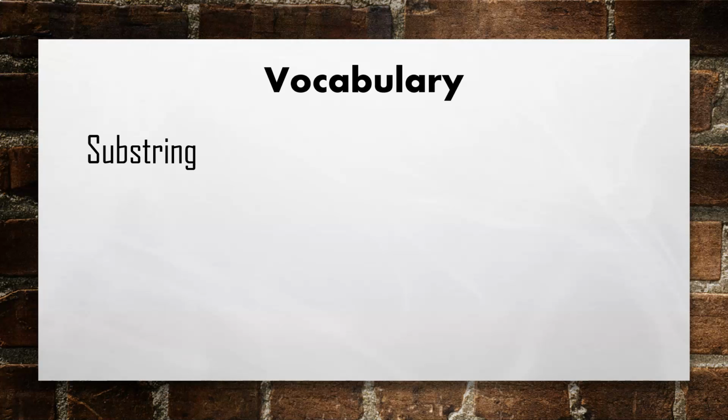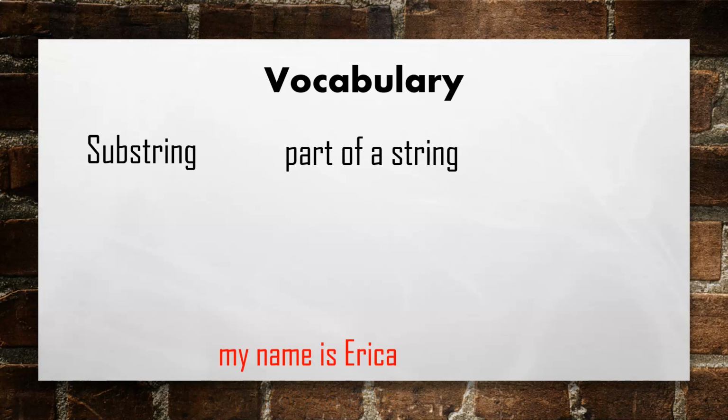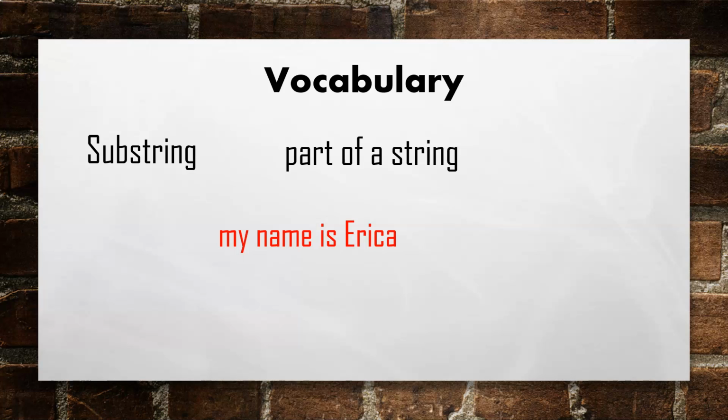Our next vocabulary word is substring. A substring is a part of a string. Let's look at our first example of the string, my name is Erica. The word my is considered a substring.